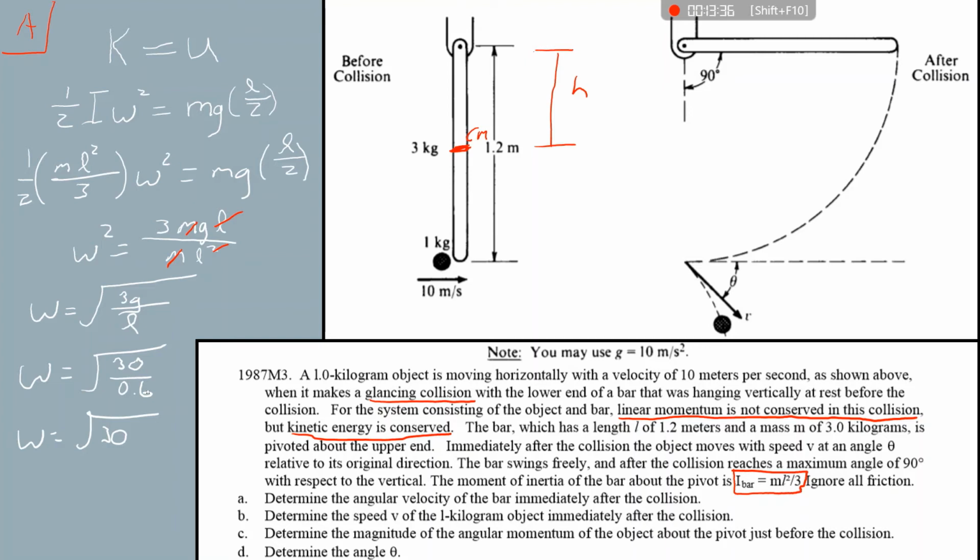Okay, so this can cancel. So that'll leave me with root 50. Is it? Yeah, 50. Okay. Can we simplify? That's 2 root 5. No, 5 root 2.